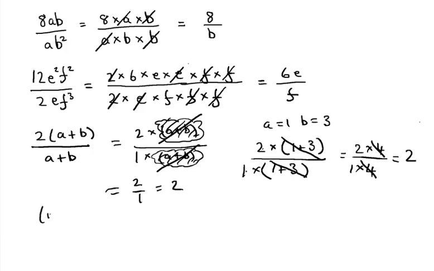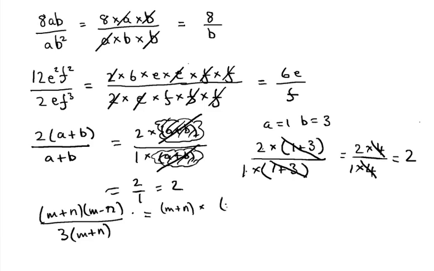Another example, m plus n times m minus n over 3 lots of m plus n. So on the top of this fraction there are 2 factors. There's m plus n and there's m minus n. They are being multiplied, so they are the factors.